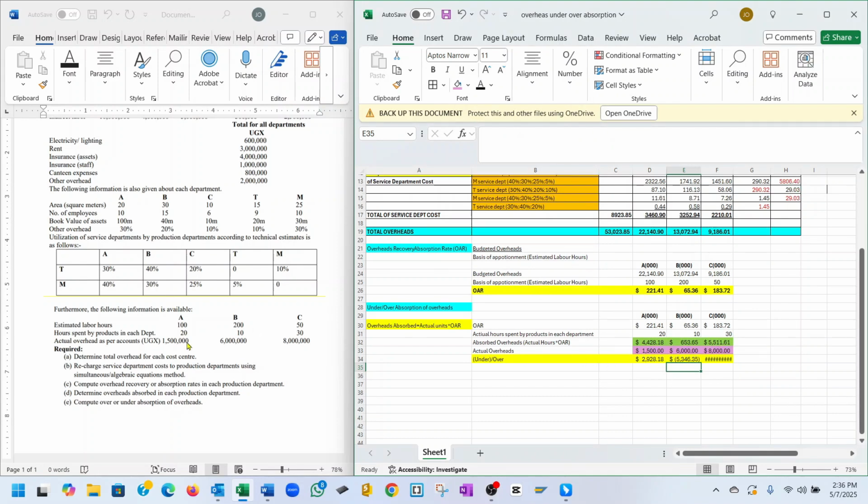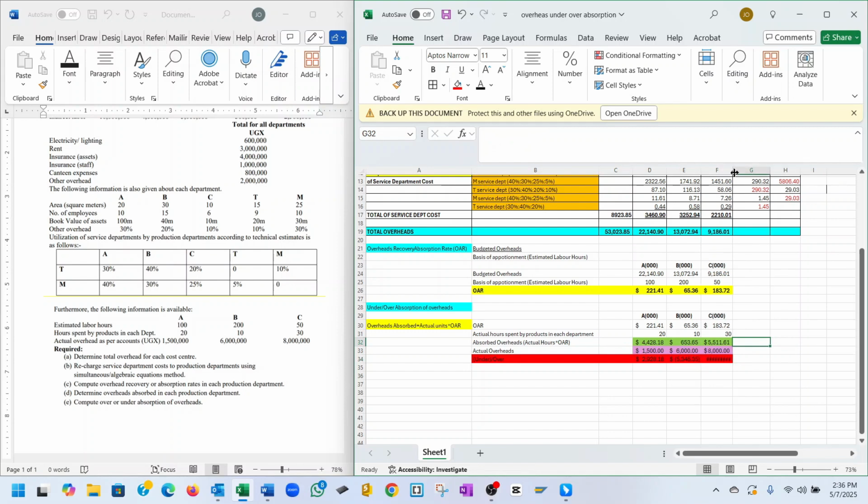So here is 1.5 million, 6 million, and so on. What this means is that when you compare the actual overheads to the absorbed overheads, you can get the over and under absorption of overheads. Let me highlight in red.